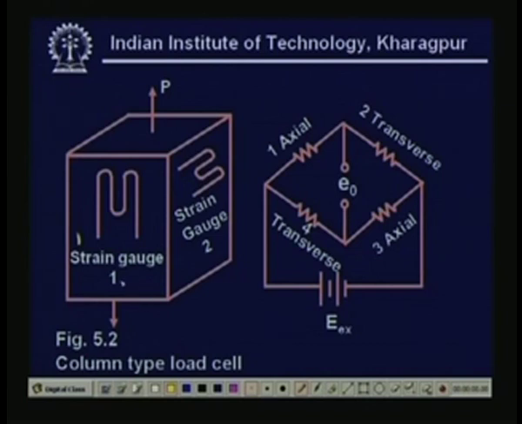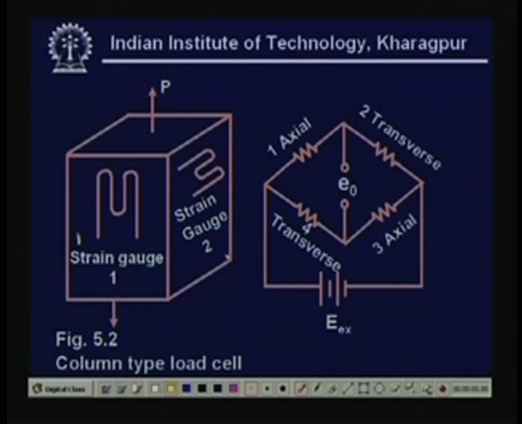Similarly there is another, because there are 4 faces of a load cell, and this load cell appears to be subjected to the tensile load, or elongation. Now, what will happen, you see that in this case this load cell will be subjected to axial strain.